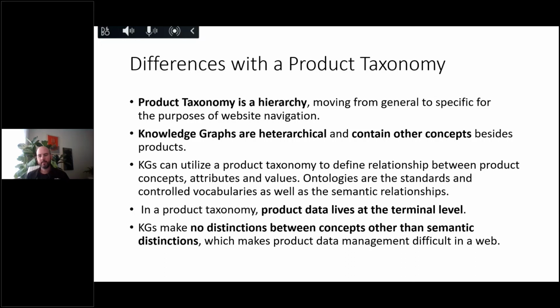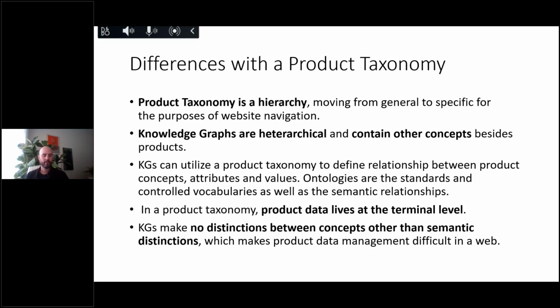So you might think, well, this sounds very similar to a product taxonomy. How are these different? Well, they're different in a number of really key ways. A product taxonomy is a hierarchy. When you're navigating a website looking for a product, you move from the general to the specific.